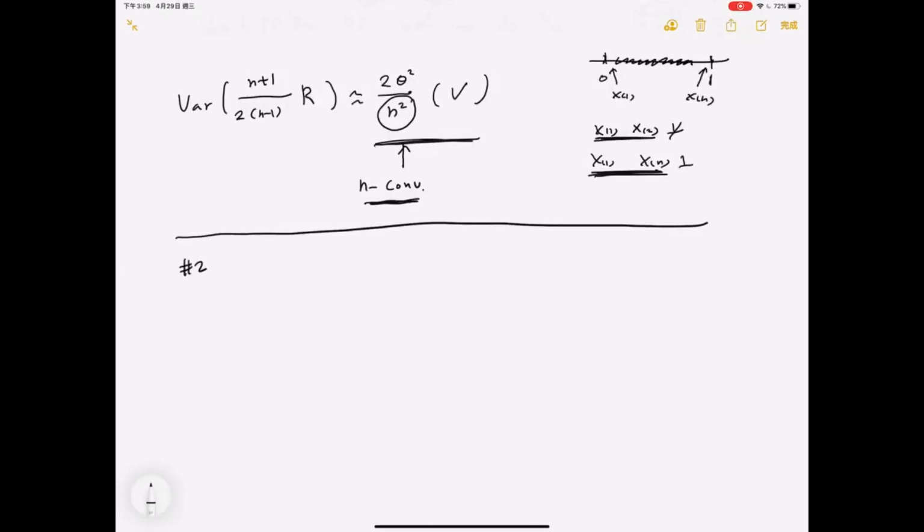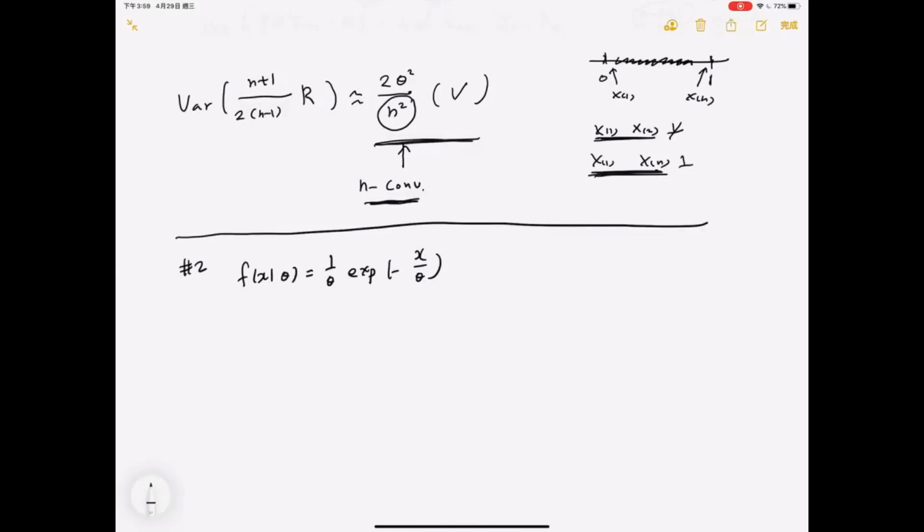Number 2 is talking about the survival function. You do have the original PDF, which is exponential. My goal in this question is to estimate the survival function.